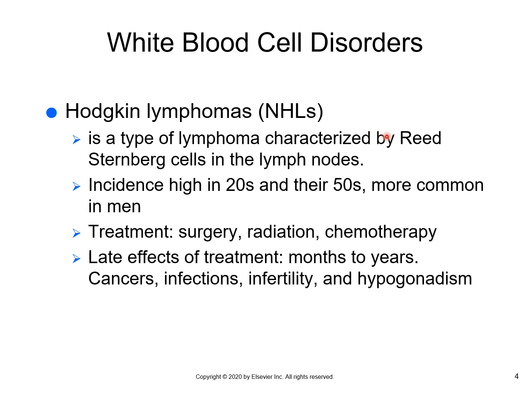And among those late effects could be cancers, like more cancers or a different cancer, various cancers, or infections, infertility, and hypogonadism, which is the decreased function of the sex organs or the gonads.